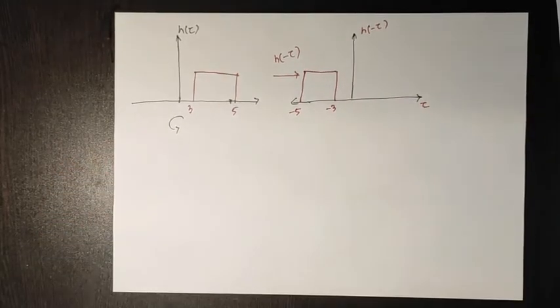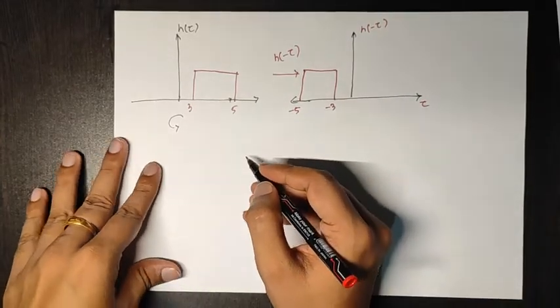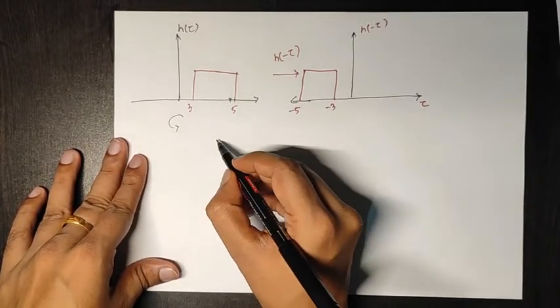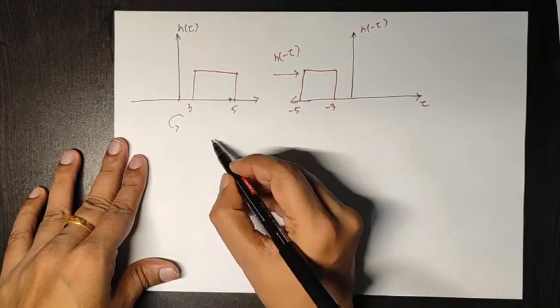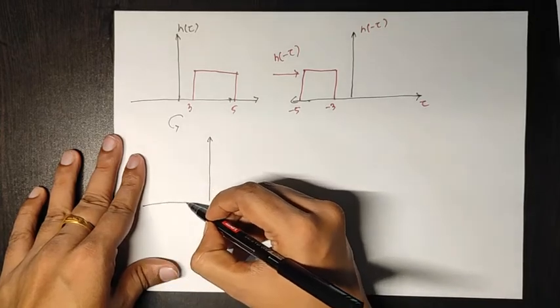Now let us superimpose x of tau and h of minus tau. Let us do the superimposition.